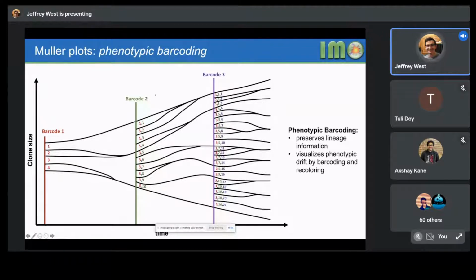We take a barcode and tag each cell with an individual number, right? 1, 2, 3, 4. And then it carries on its original number in red here, but it has a new barcode at the second time point. And we can determine those phenotypes over time, and it's a nice visualization.